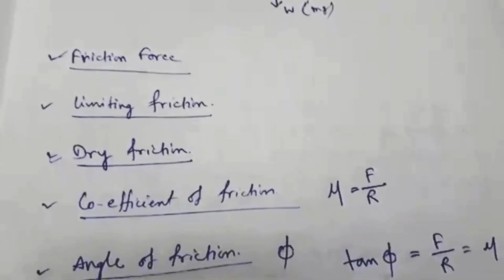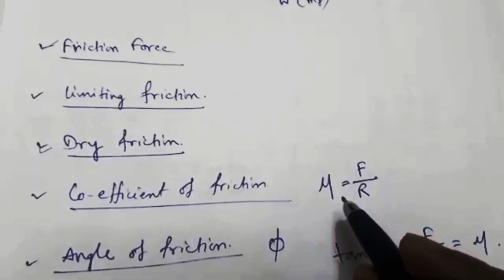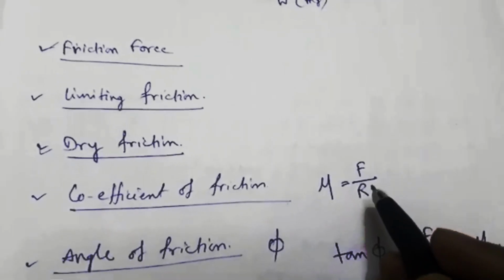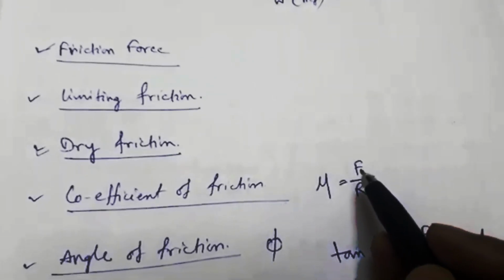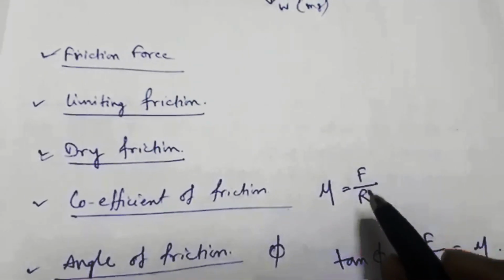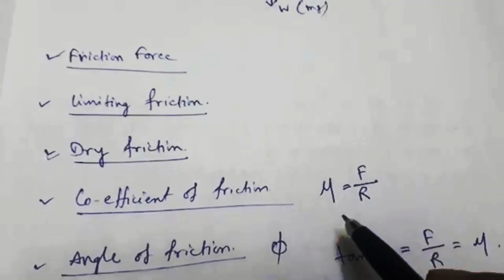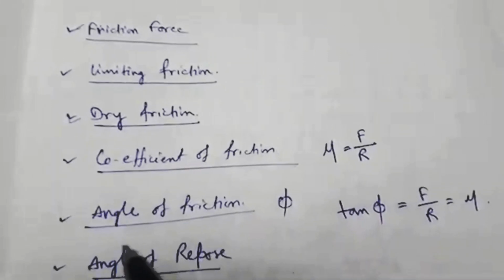Now this is very important: coefficient of friction, denoted by mu. What is the coefficient of friction? It is the ratio of the force of friction, that is F, and the normal reaction, that is R, between the contact surfaces. It is denoted by mu. And this is the angle of friction, denoted by phi.